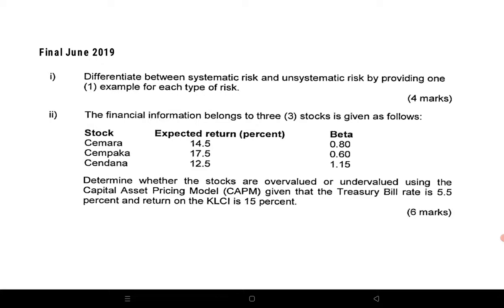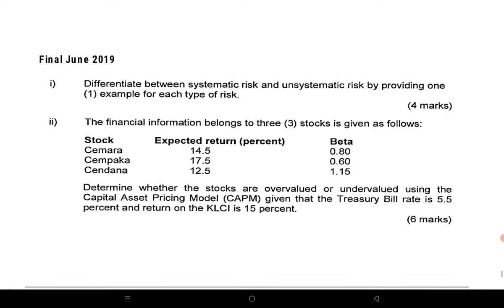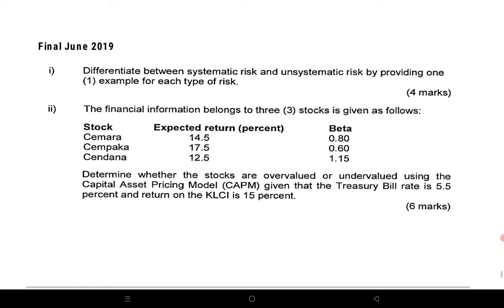Final, June 2019. The financial information belonging to 3 stocks is given as follows. Number 1 is the theoretical part, where you can provide an example of systematic and unsystematic risk, the one I already explained in the previous video. Number 2 asks: the financial information is given as follows.